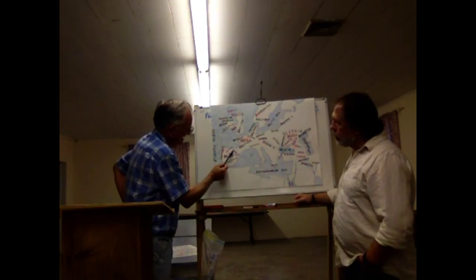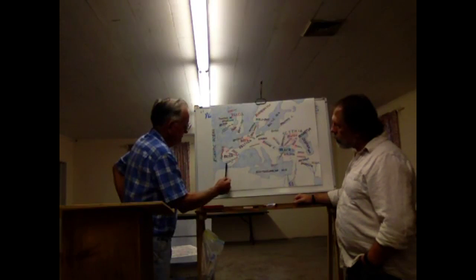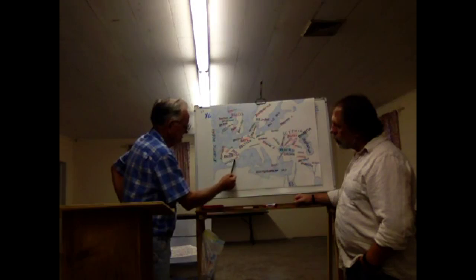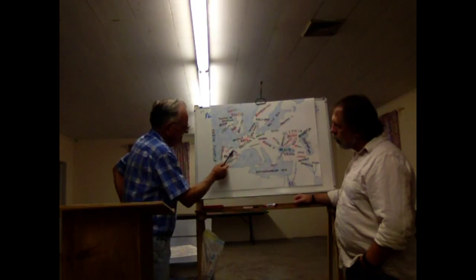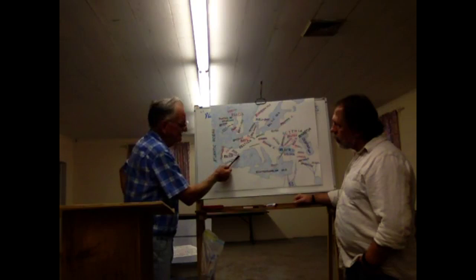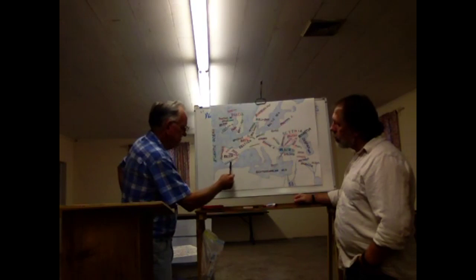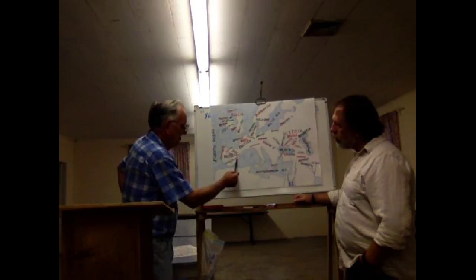Here's the Ebro, Rio Ebro, and here's this river, the Guadalquivir. I think you can easily see that Rio Ebro means Hebrew river in Spanish. But this one is Arabic.